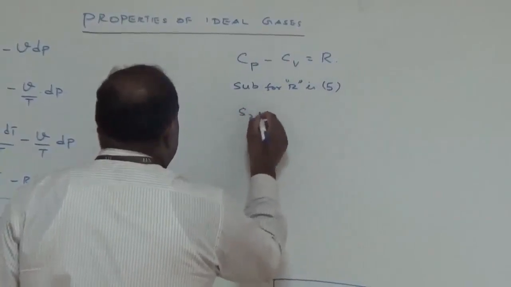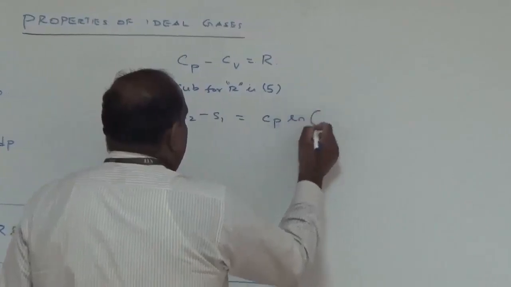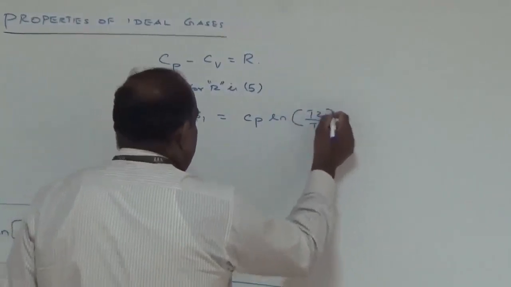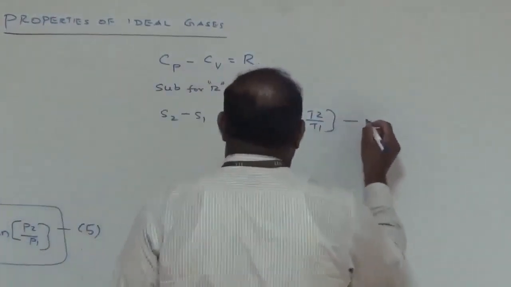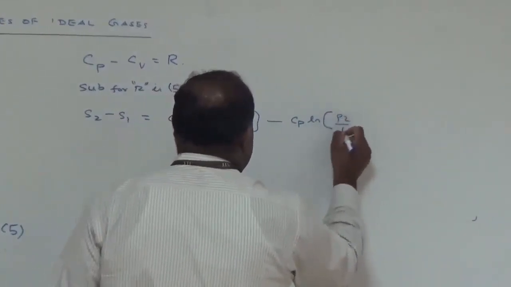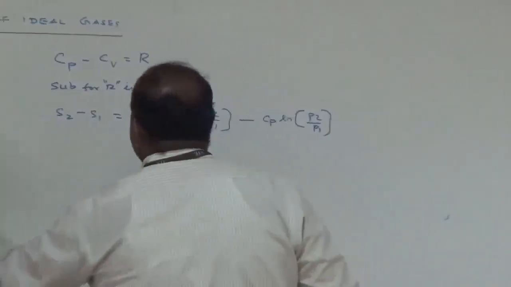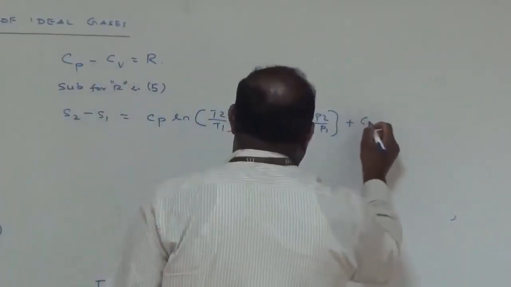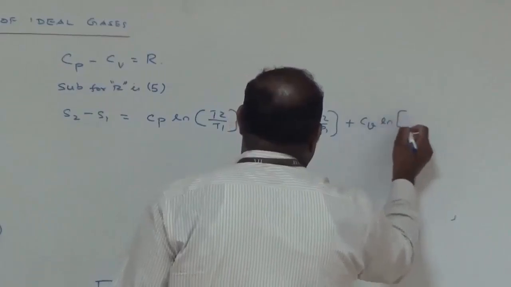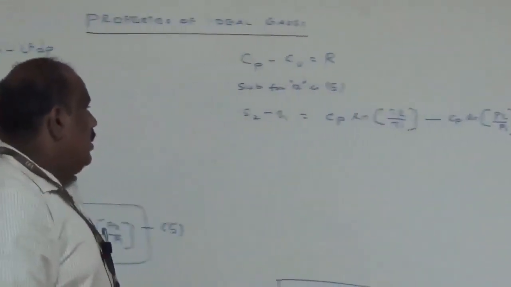So I will end up with another formula. S2 minus S1 will be equal to Cp into ln of T2 by T1 minus Cp into ln of P2 by P1, plus, since minus of minus becomes plus, Cv into ln of P2 by P1. I hope I am not fast.